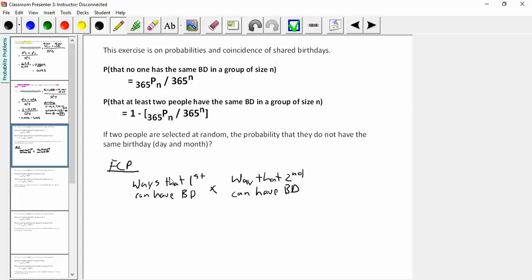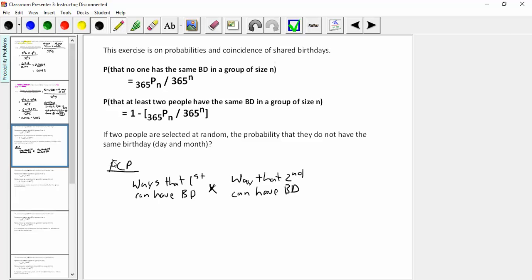Don't forget our friend the FCP. It comes in handy a lot when you have 2 distinct tasks drawing from different populations, we often say. And we're talking about two different things, the first person and the second. If we know how many ways we can do the first and how many ways we can do the second, and if there's a third, the number of ways we can do the third, we just multiply them all together.